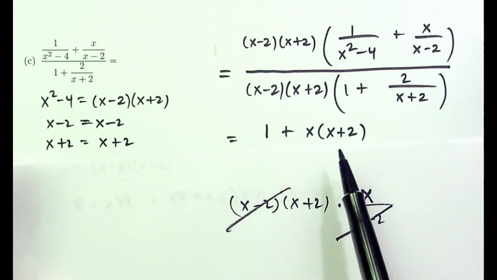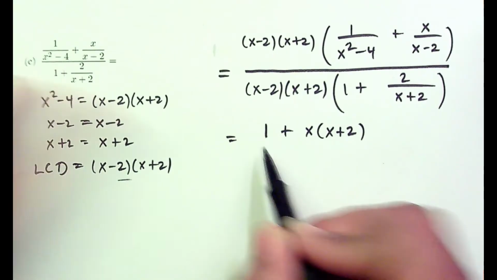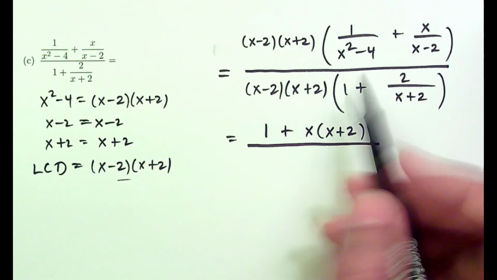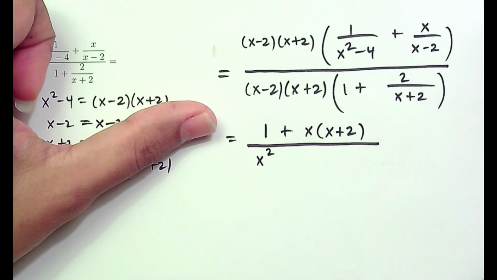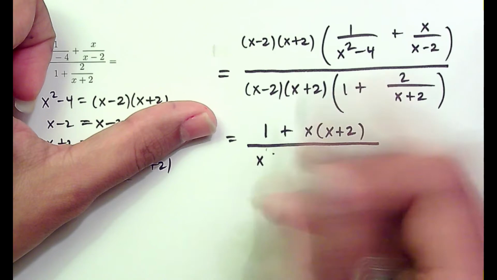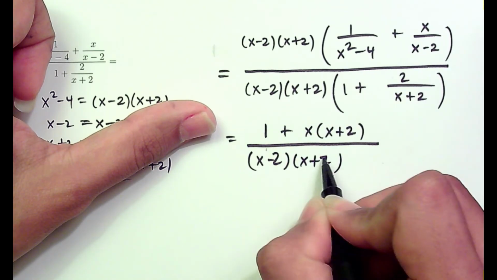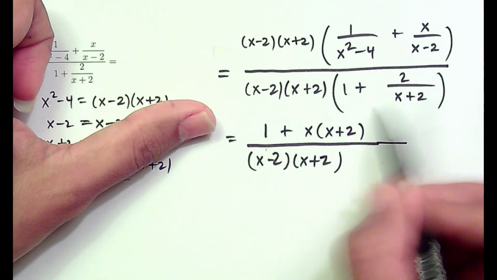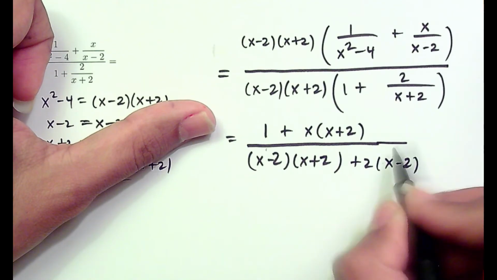X plus 2 times x, or x times x plus 2, same thing. All right, and then on the bottom you have (x minus 2)(x plus 2), and then when you distribute here, the x plus 2 cancels, so you're left with the 2, and the x minus 2.